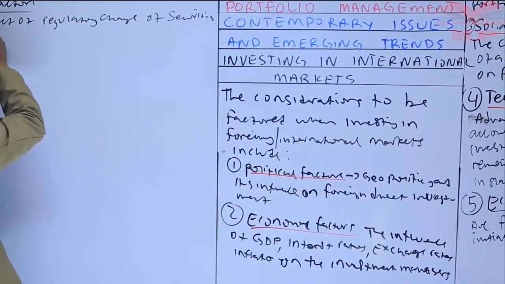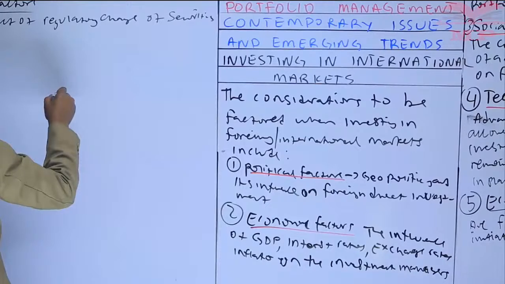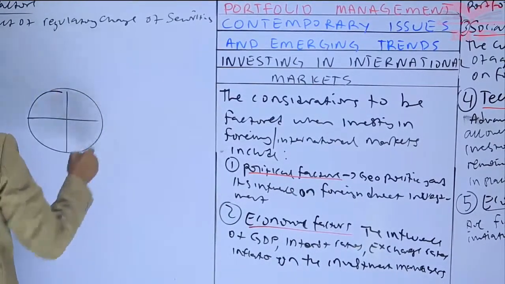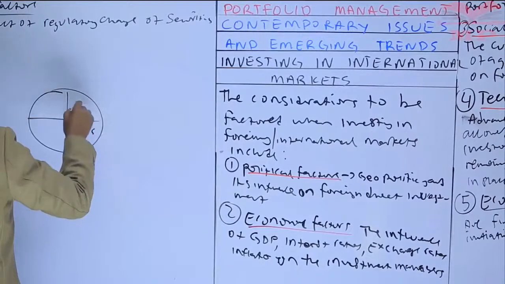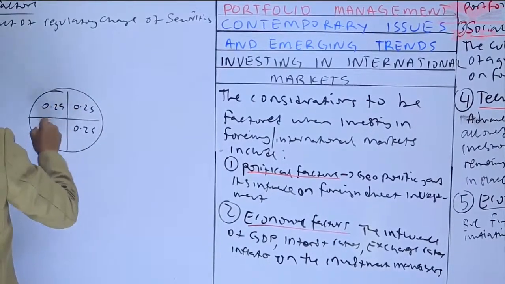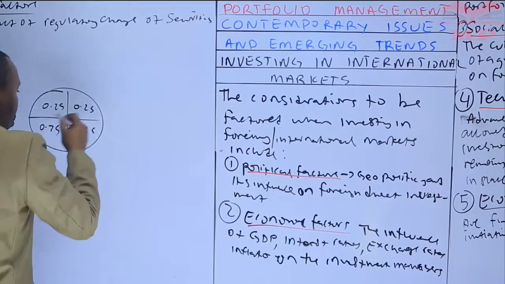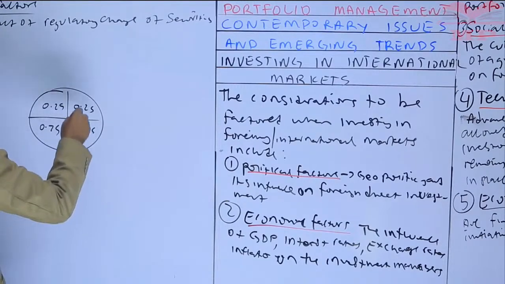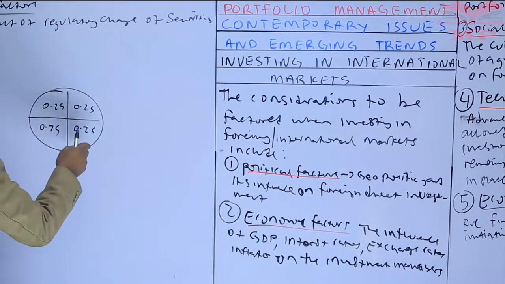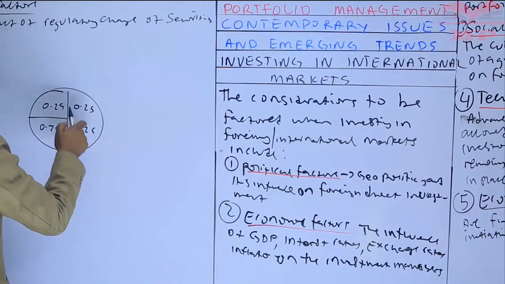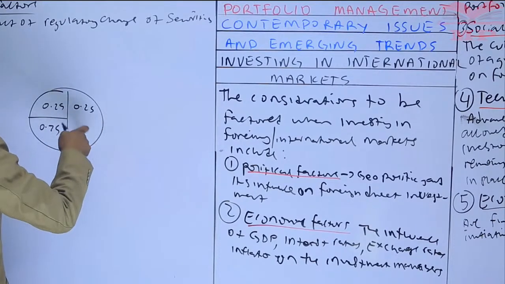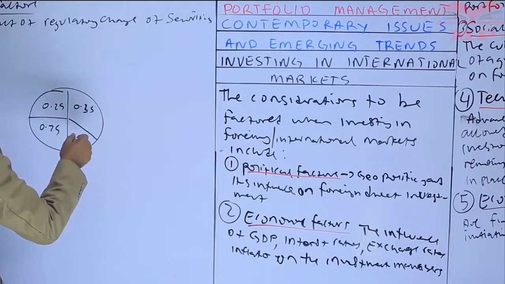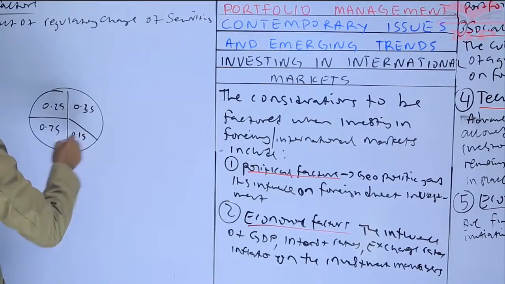So if initially the preferred allocation from the regulators was 0.25, 0.25, 0.25, 0.25, all a quarter, and it changes, and this is equities, fixed income, derivatives, and alternatives, it changes and says that the preferred portfolio should have something like 0.35 here and 0.15 here, for example.